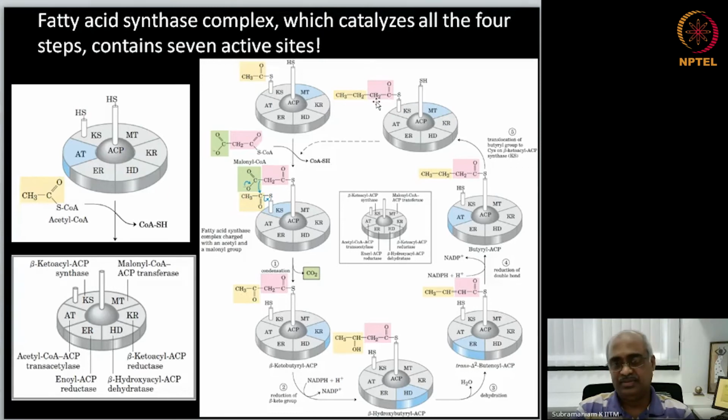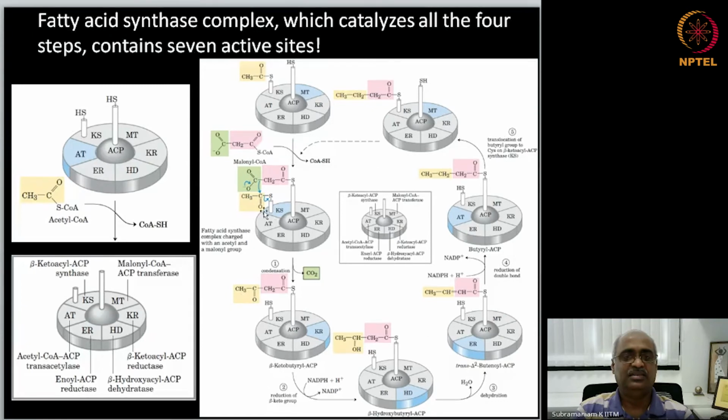And then the first step again, Malonyl-CoA ACP transferase is going to bring a new Malonyl-CoA into that site. So now in the second cycle, this is not acetyl-CoA, instead it is butyryl group. It's a butyrate. If you hydrolyze this, it is butyric acid.